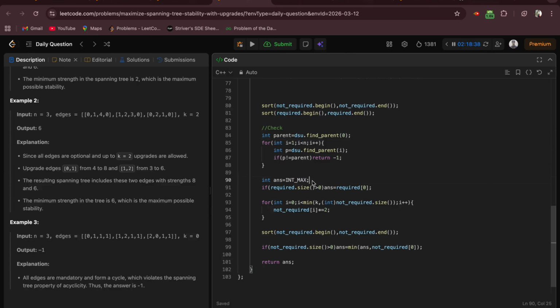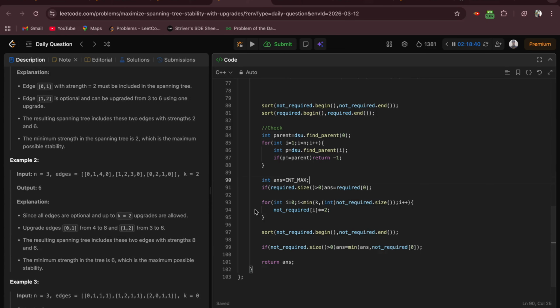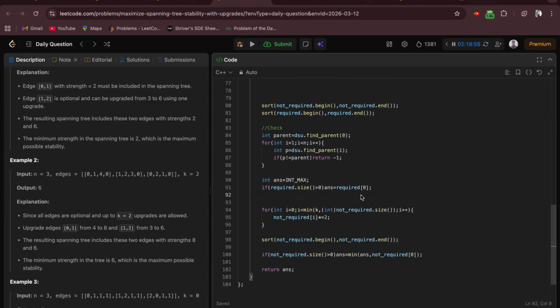If there was some edge that was required, the answer will be the minimum of the required. So we took the answer as the minimum of the required of 0, and we iterate over the not required. So we iterate over these not required edges, and we multiply it by 2.